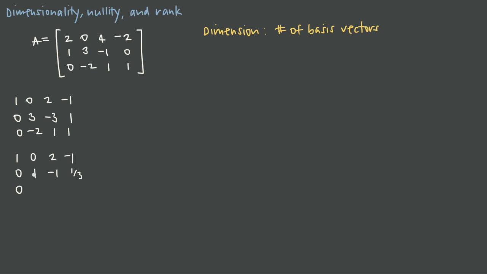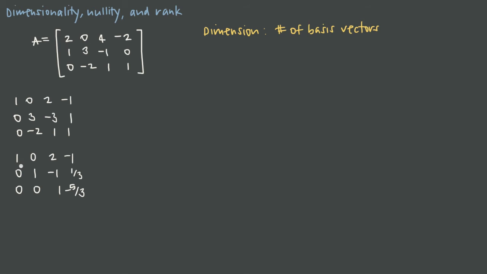And then 2 times 1 is 2, plus a -2 is 0. 2 times -1 is a -2, plus 1 is a -1. And then 2 times 1/3 is 2/3, plus 1 is 5/3. Now let's multiply through the third row by -1 to get a positive 1 in the pivot position here. That'll give us a positive 1 there and a -5/3 here.